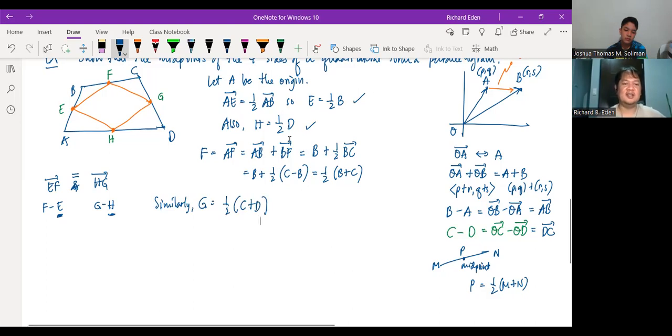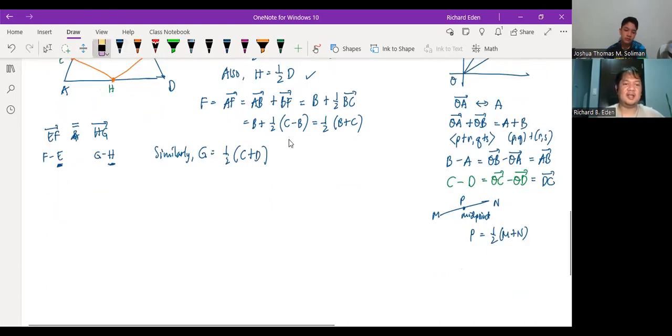All right, so ngayon, now let's compare EF and HG. Para mangyayari, algebraic na lang siya.